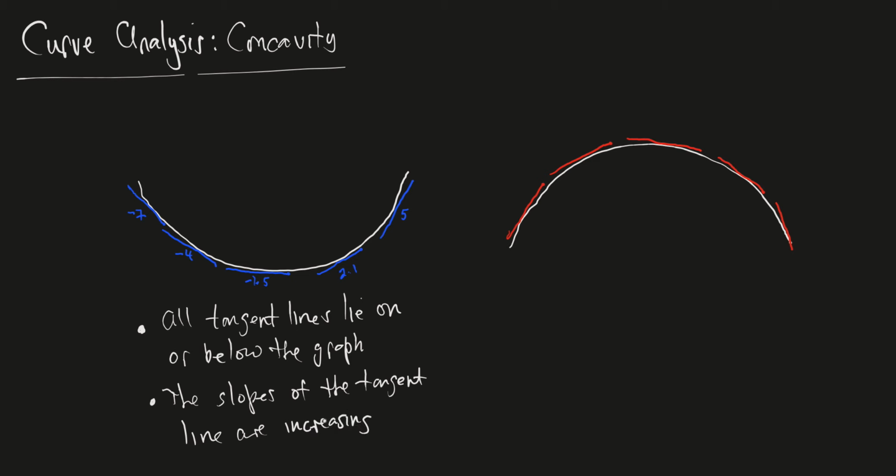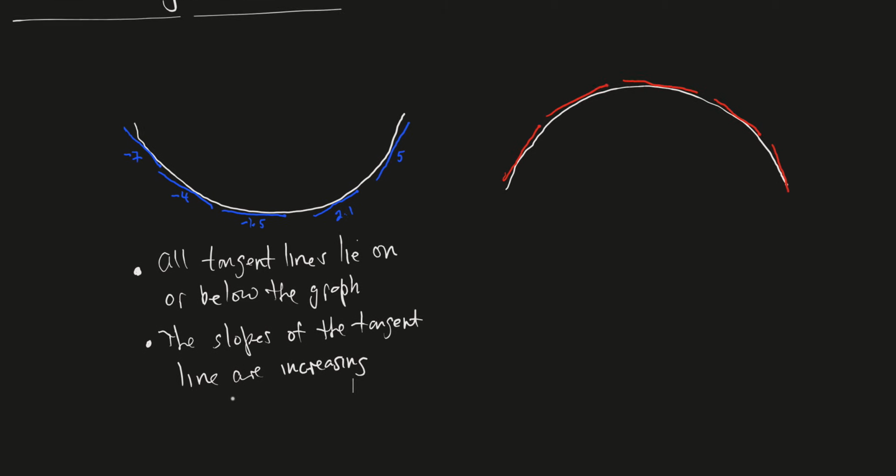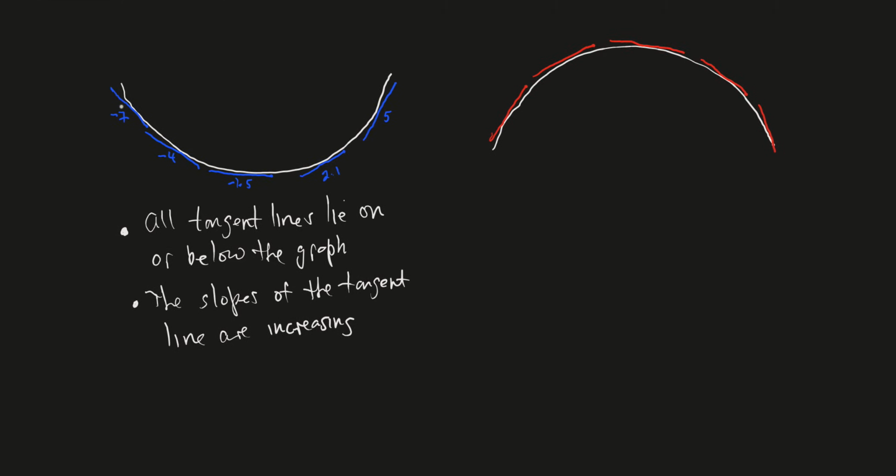Wait, where have I heard that word? We've talked about this recently: increasing. So let's see if we can translate this now into derivatives. The slopes of our tangent lines are getting bigger, they're increasing. We know that the slope of the tangent line is found by the derivative. Let's make it singular: the slope of the tangent line is increasing.